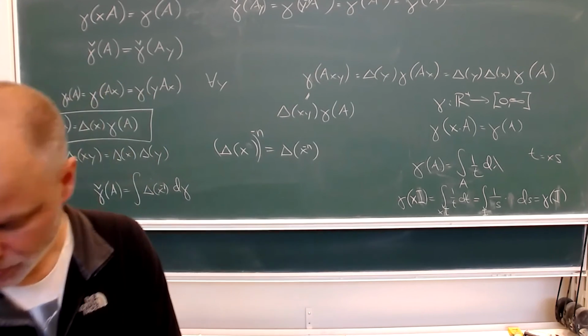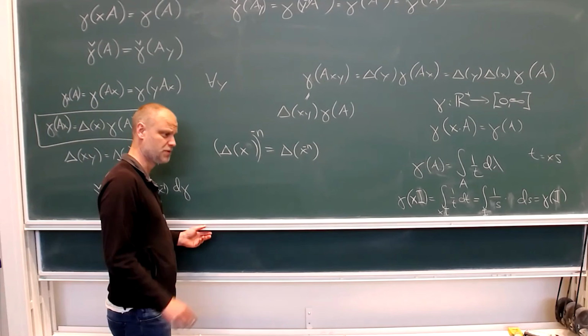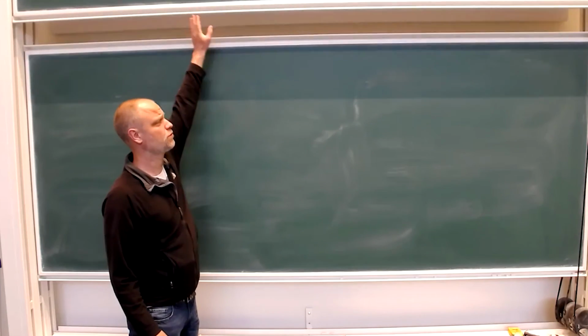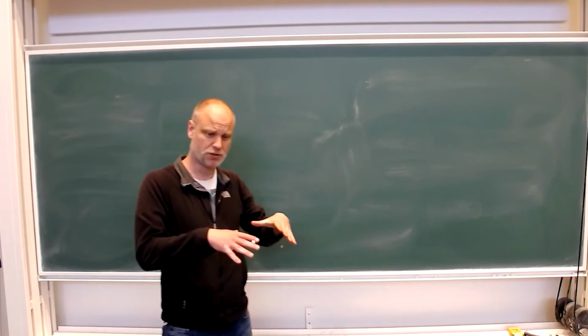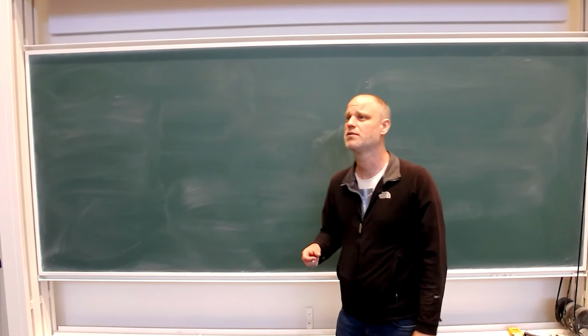Let me wrap up this lecture by connecting to where I started, matrix theory or random matrix theory. You want to put probability measures on spaces of self-adjoint matrices.